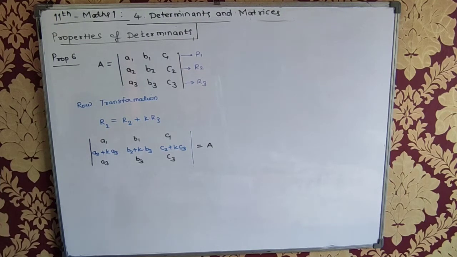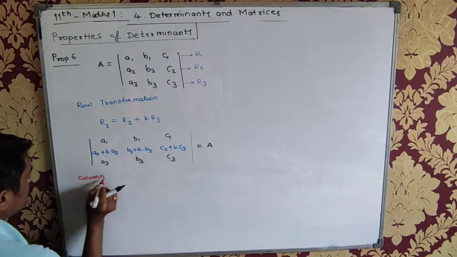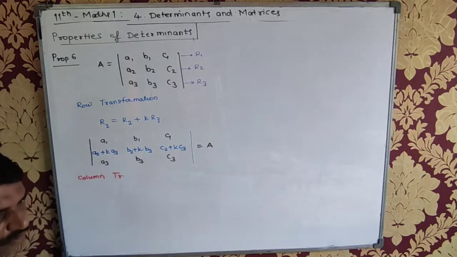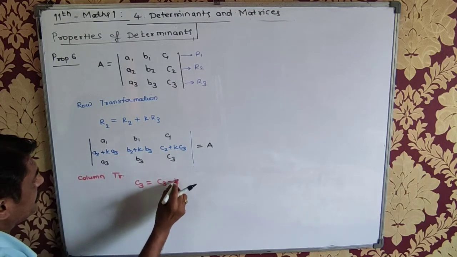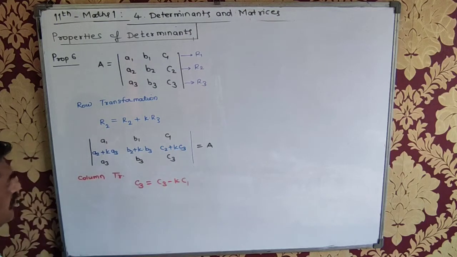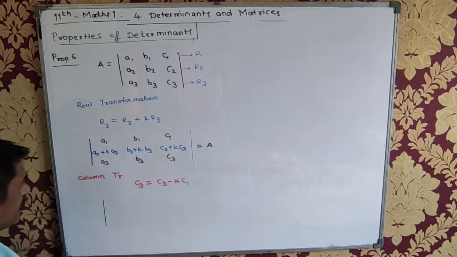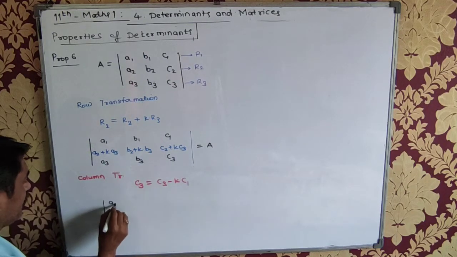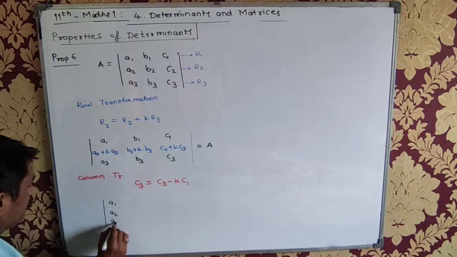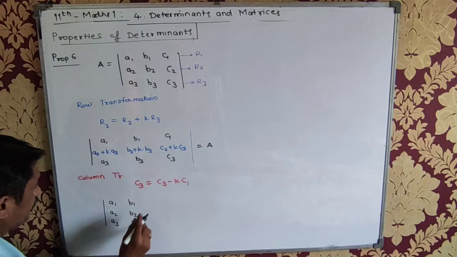You will get to know about this when we solve the problems. This is also true for any column transformation. Say for example C3 is equal to C3 minus K times C1. C3 will change, while C1 and C2 stay the same: A1, A2, A3, B1, B2, B3.